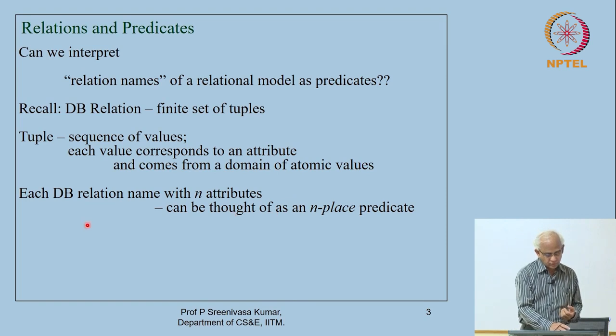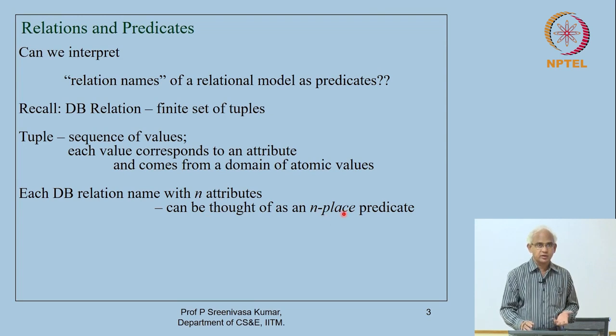So can we think of each of these DB relations with n attributes as an n place predicate?